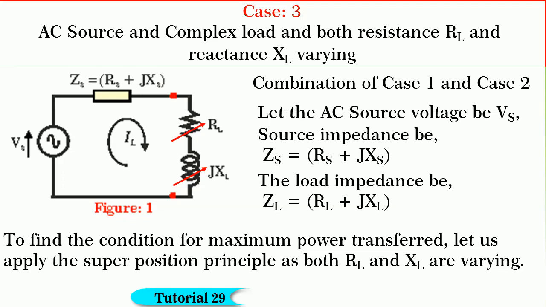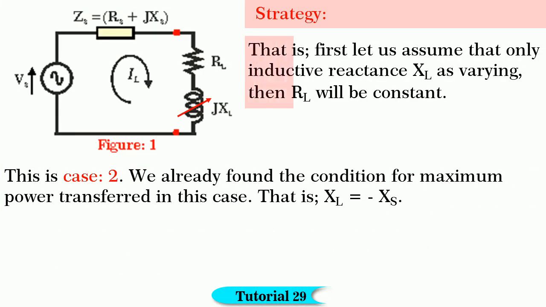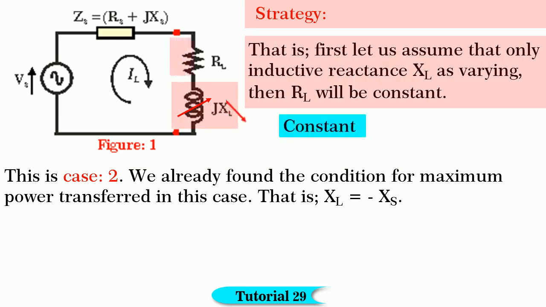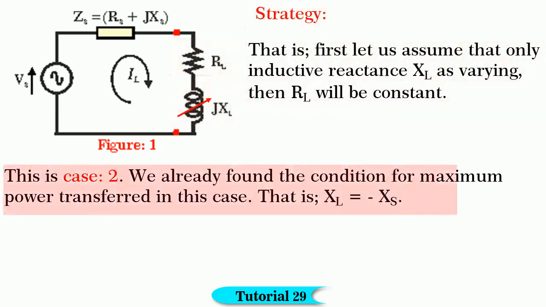Hence, the strategy will be, first let us assume that only the reactance part of the load XL is varying, taking RL as constant. You know, this is case 2 which we discussed just now. Therefore, we found that the condition for maximum power transferred to the load is XL equal to minus XS.